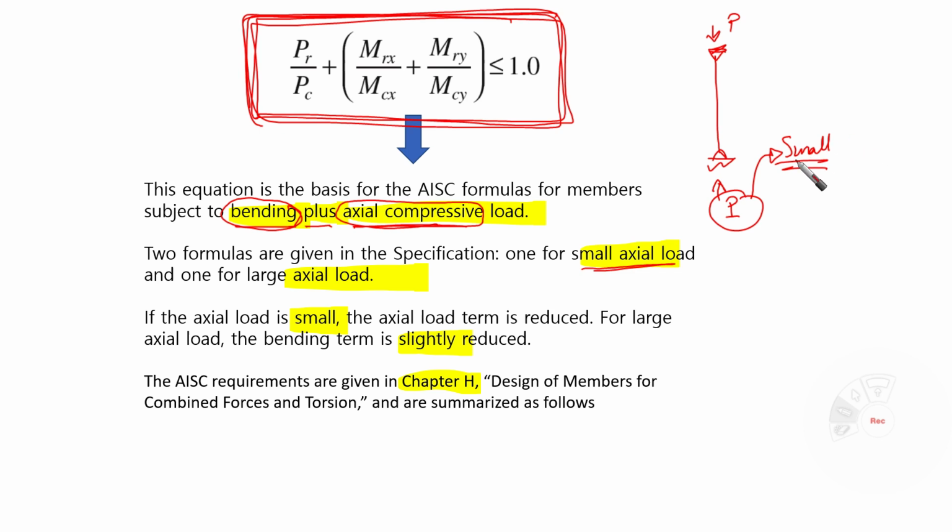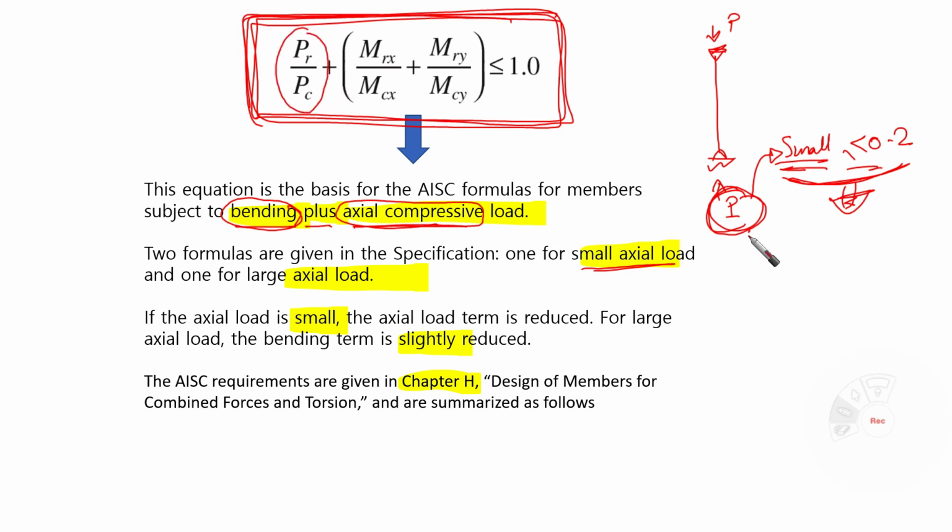So if P is small, less than, for example, 0.2, this is related to the axial term, then we need to reduce the contribution of the axial term.